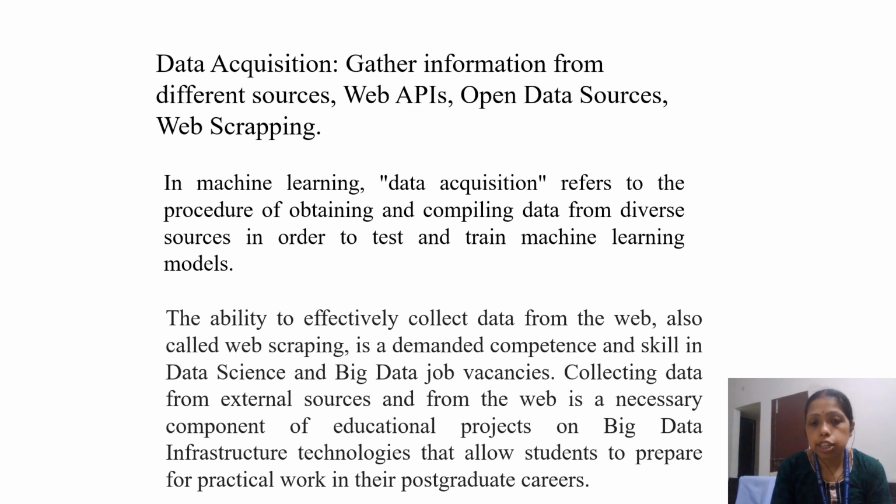When you want to do a data science related project, you deal with huge data and can do various analyses with the help of pandas and numpy. But whether you are an industry person or a college student, the main thing is you have to collect the data, based on the application, from different sources like web APIs, open data sources, and web scraping. So this is about data acquisition.